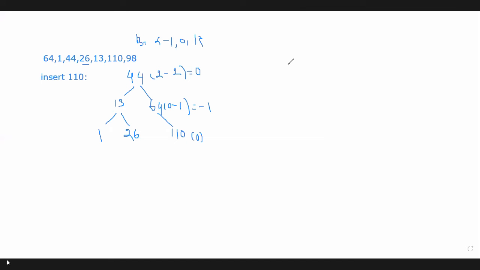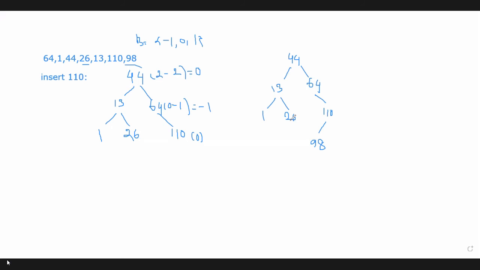How can we insert 98? This is 44. 13 is the left child, 64 is the right child of 44, and there are two nodes, 1 and 26, and the right child of 64 was 110. Now the new node is 98, so it's less than 110, so it will be added as the left child of 110. After the new insertion, now again calculate the balance factor.